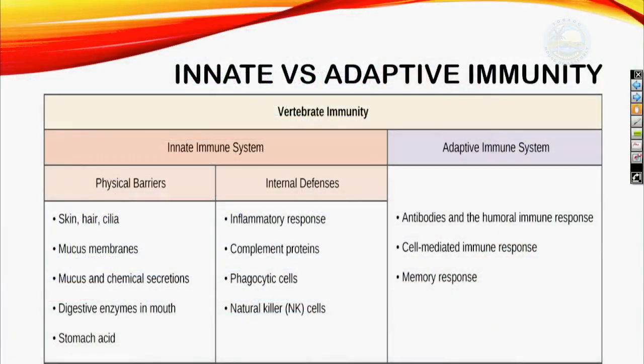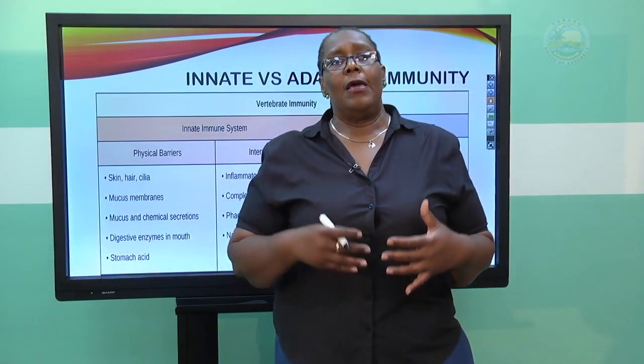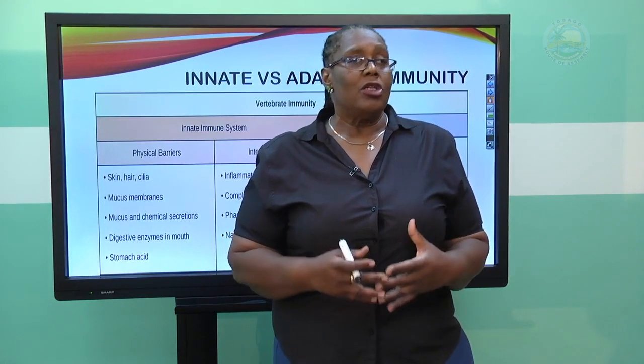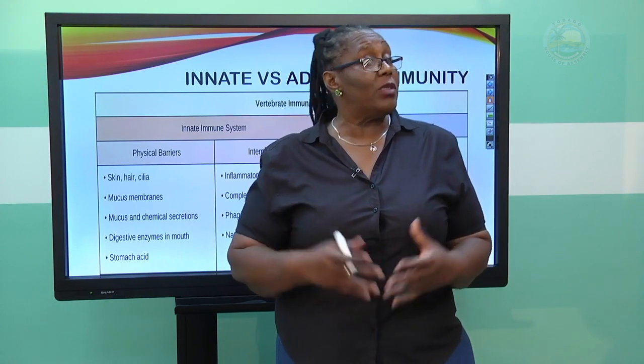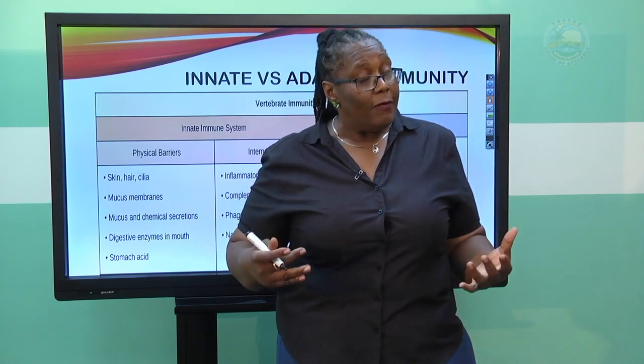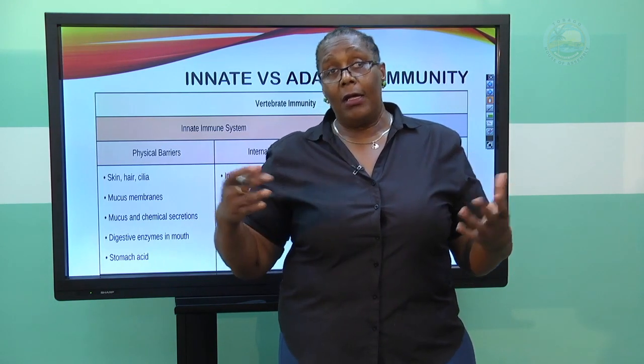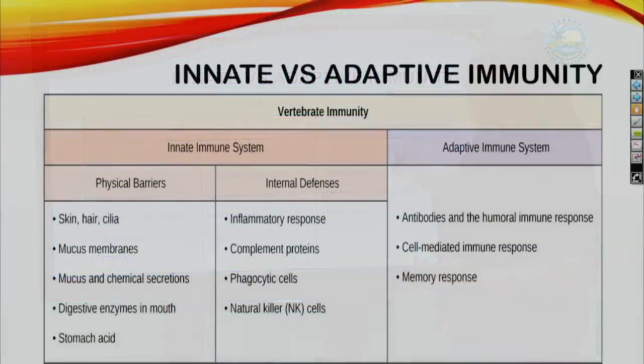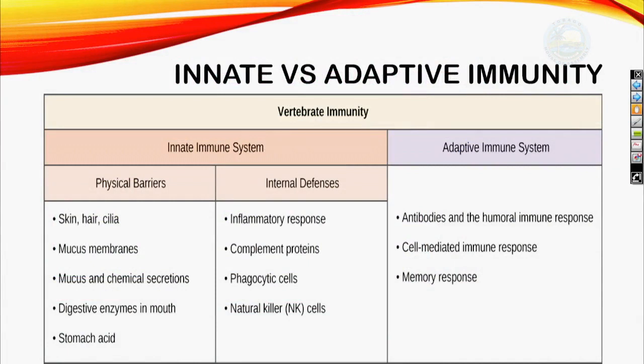And then you have the natural killer cells, which themselves will be fighting against pathogens. But interestingly, what they will do is kill these invading pathogens and then present them so that the rest of your system will see what they look like, and it will further cause a more developed kind of resistance to the disease. Then we have what we call your adaptive or your acquired immune system.